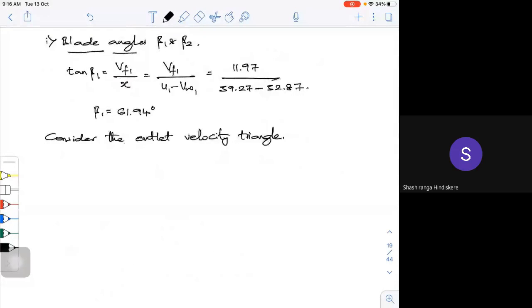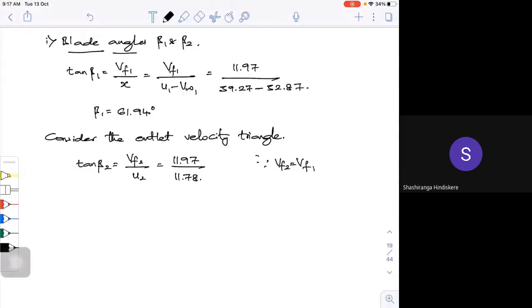So tan beta 2 is equal to Vf2 divided by u2, or I can write 11.97 divided by u2, which is 11.78. And one note is actually Vf2 is equal to Vf1.